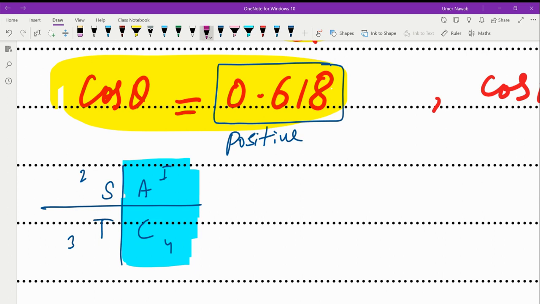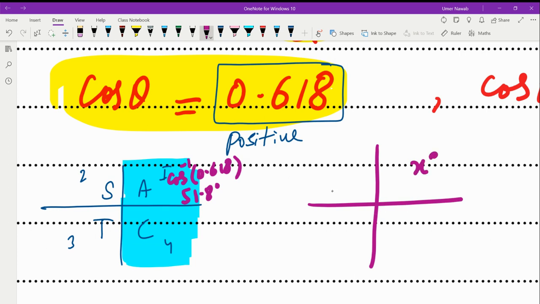However, my calculator is capable of giving you the answer only in the first quadrant. I write shift cosine of 0.618. When I write it, I will get my answer 51.8. Now you can use this quadrant transformation. If you have an angle x and you want to transform into the second quadrant, you write 180 minus x.